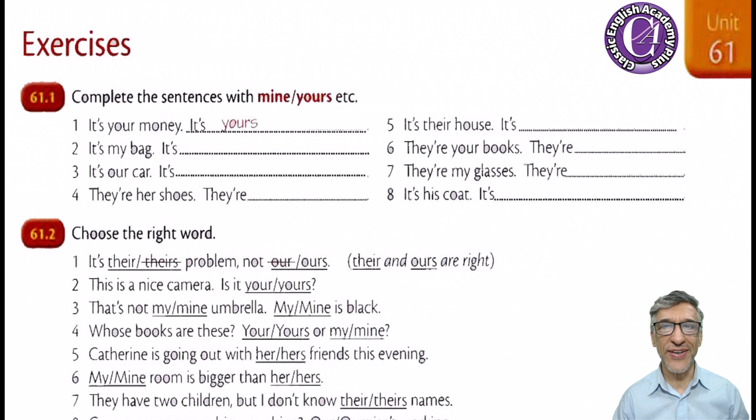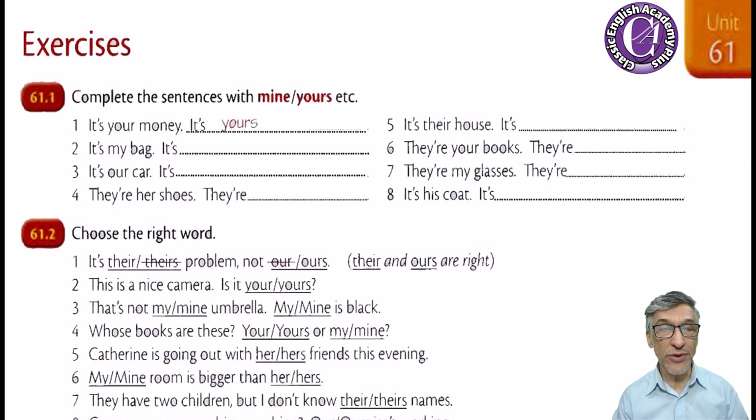Okay, we have Unit 61 from Essential Grammar in Use. Well, if you remember the previous sessions, we just tried to read all the exercises at first and then decide what to write in the blanks. It is very, very easy.